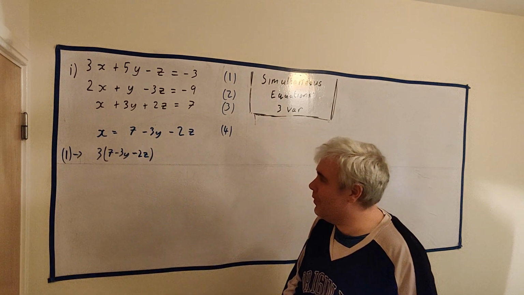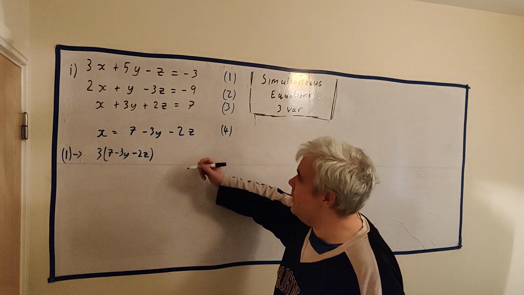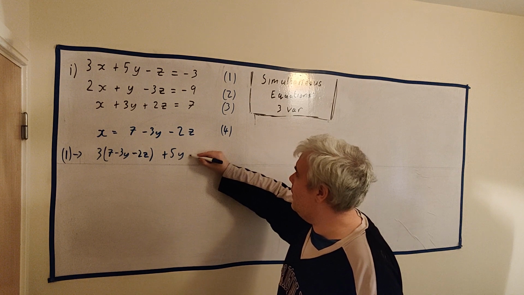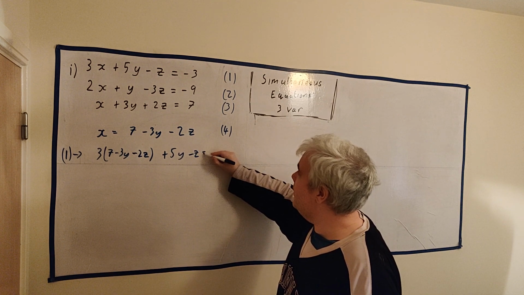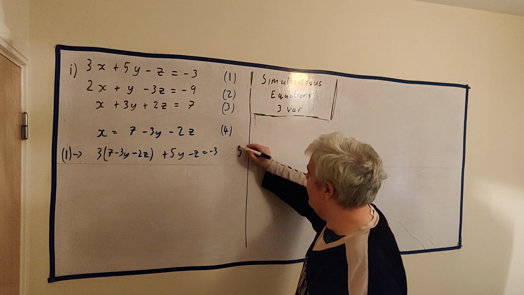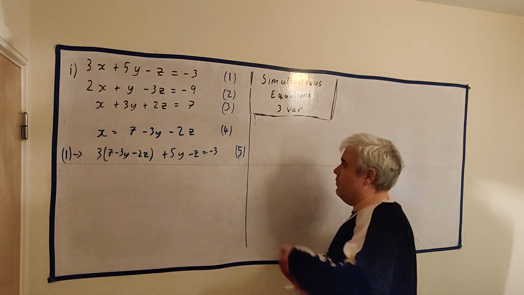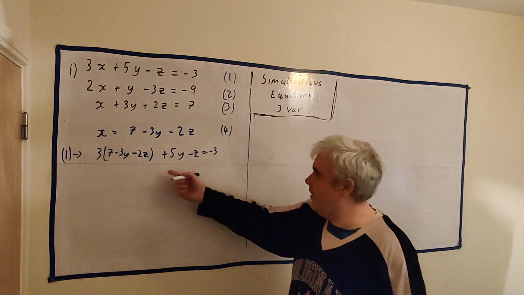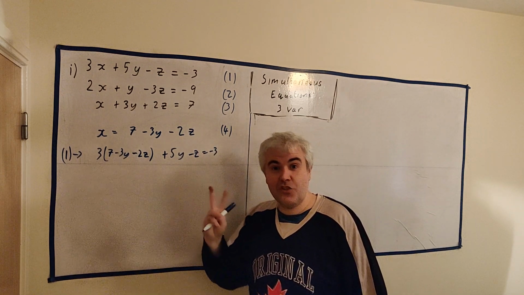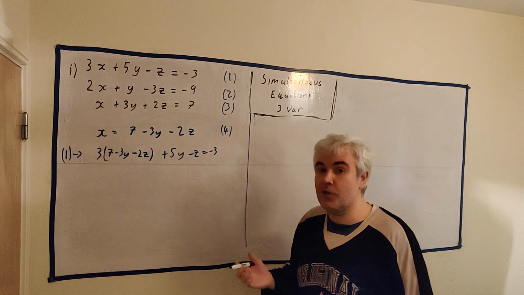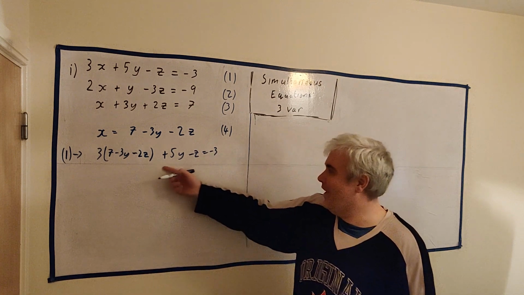I know that seems horrible, but it does this amazing thing that we'll see in a moment. Plus 5y minus z equals minus 3. Now this amazing thing: this only has 2 unknowns. We had 3, now we only have 2. 2 is much easier than 3. But I can clean this up.